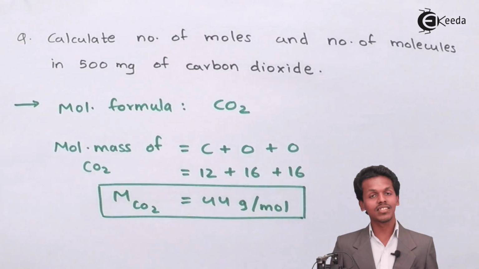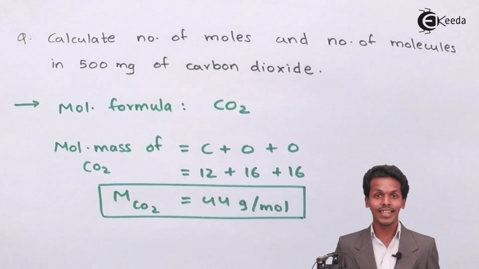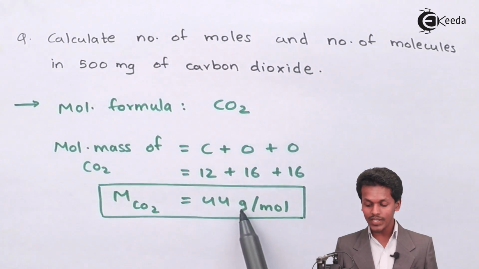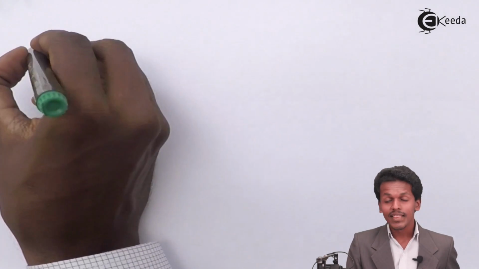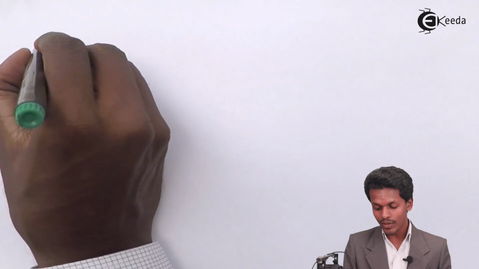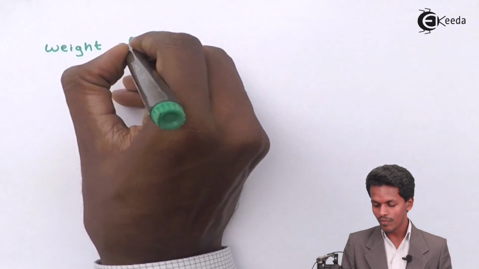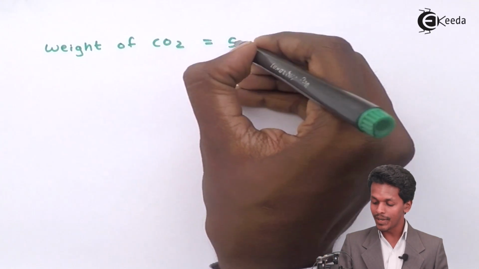But the weight, that is the mass of the carbon dioxide, is also mentioned. I have to write it in gram because they have mentioned it in milligram, so the first thing I have to do is convert into gram. The weight of carbon dioxide that has been given is 500 milligram.